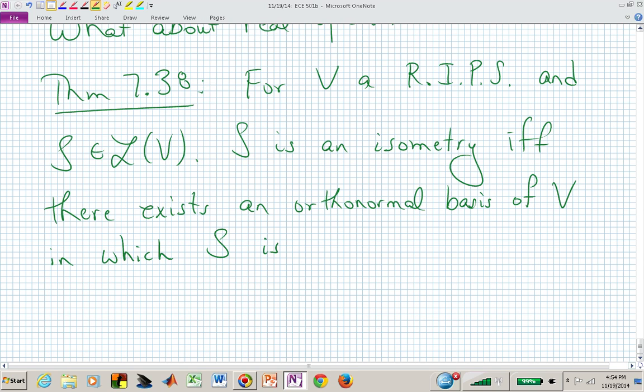Meaning, on a real inner product space, S is an isometry, which means S is normal. And once we have S normal on a real inner product space, we know it's block diagonal. It's not necessarily complete or true diagonal. It's block diagonal, in which S is block diagonal with blocks that are 1.